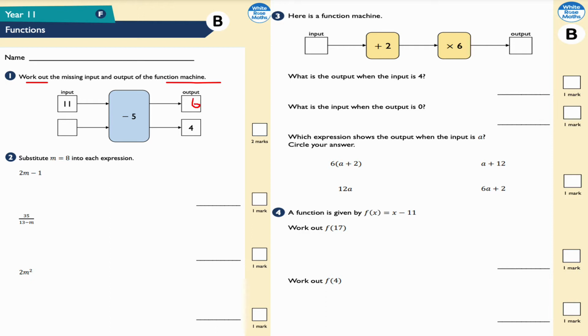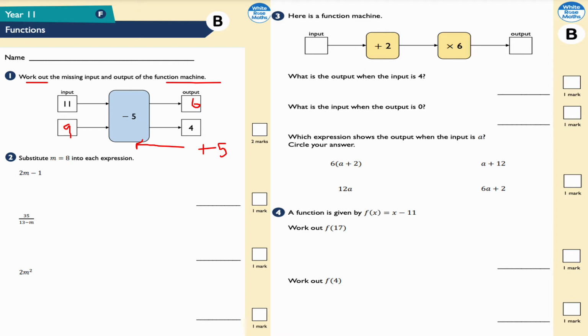The second one is doing 4 plus 5, which is 9, because 9 take away 5 is 4. So if we're going in this direction, we're going to be adding 5. We are doing the reverse process. The opposite of subtracting 5 is to add 5.